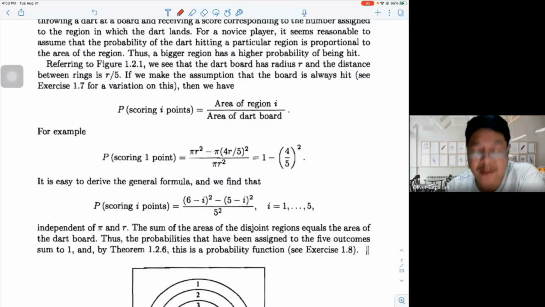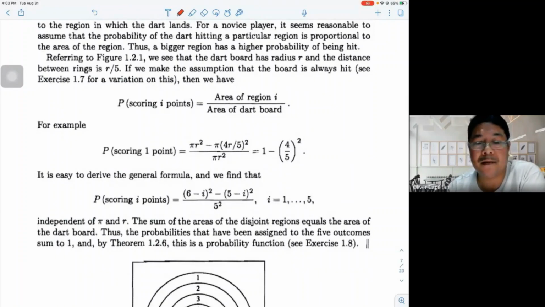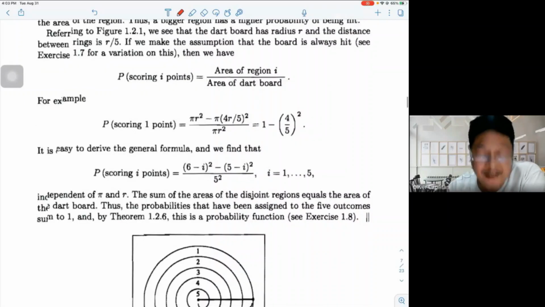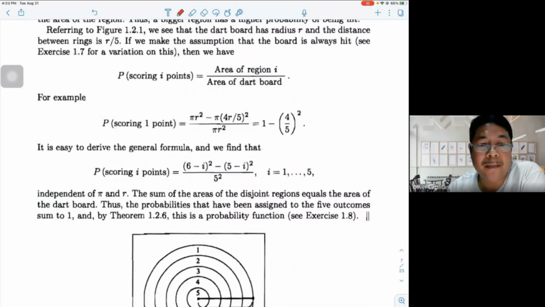If we make the assumption that the board is always hit, even though we have a novice player, then we can define our probability P of scoring i points to be equal to the area of region i over the area of the dartboard. Say for example, if we consider region 1, scoring 1 point for region 1, this part here.